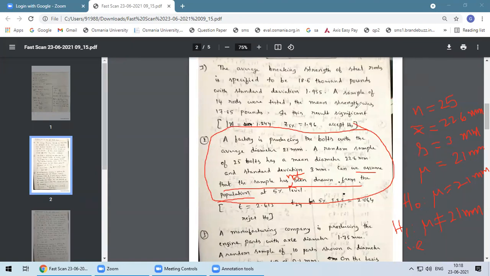So write down step number 3. Alpha equal to what is the value given? It is mentioned in the problem. Alpha equal to 5%. Now I will show the formula to you.